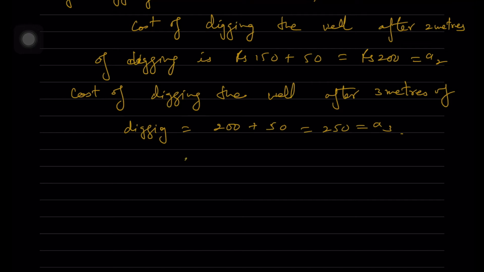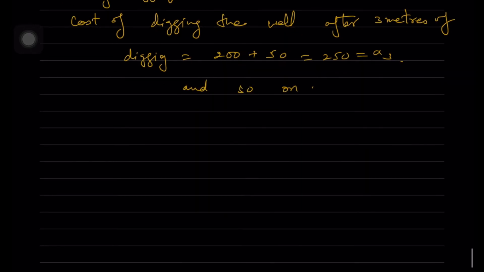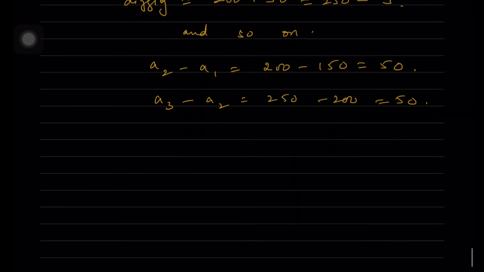So on and so on. Therefore A2 minus A1 is equal to 200 minus 150, which is equal to 50. A3 minus A2 is equal to 250 minus 200, which is equal to 50.